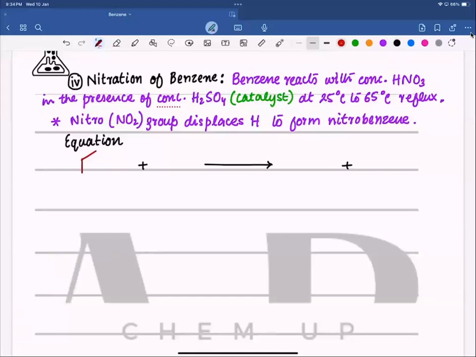We have a benzene molecule reacting with nitric acid, which is concentrated, and we added concentrated sulfuric acid, which acts as a catalyst. Temperature is 25 to 65 degrees Celsius.